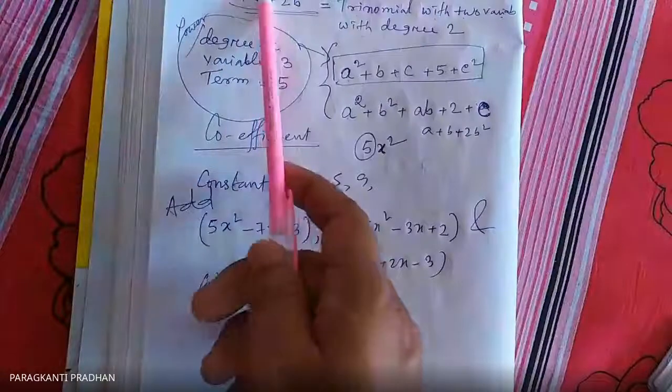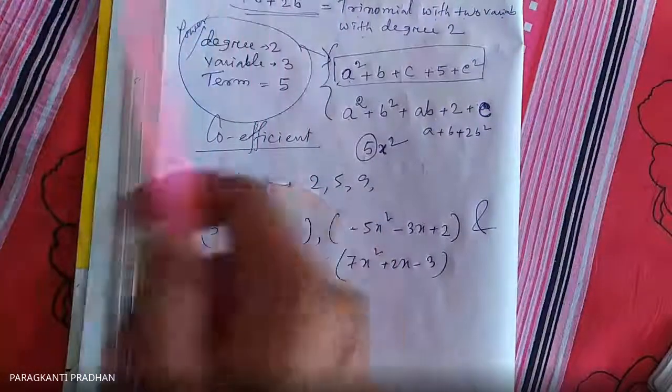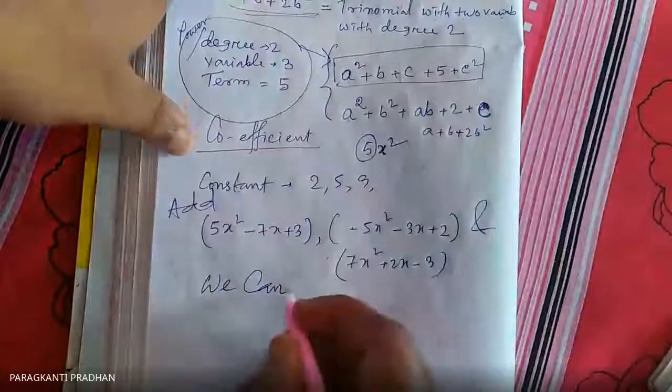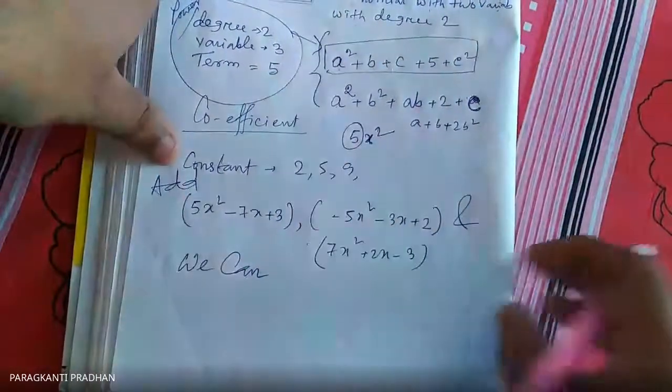I'm telling you, B and 2B are like terms, but A and B are not like terms. Please listen carefully. Concentrate on your studies, listen carefully to what I am saying.